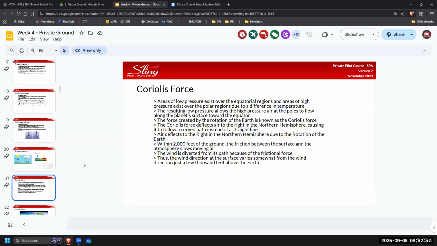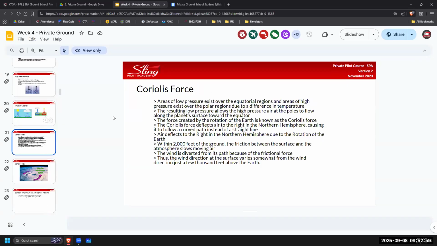Next big idea we have to go over is the Coriolis force. Areas of low pressure exist over the equator. Higher pressure exists over the polar regions, due to a temperature difference. Obviously, the polar regions are colder than the equator.